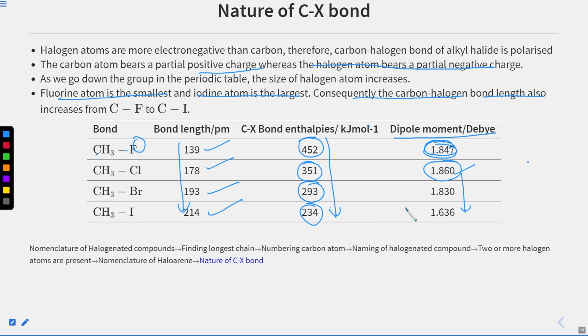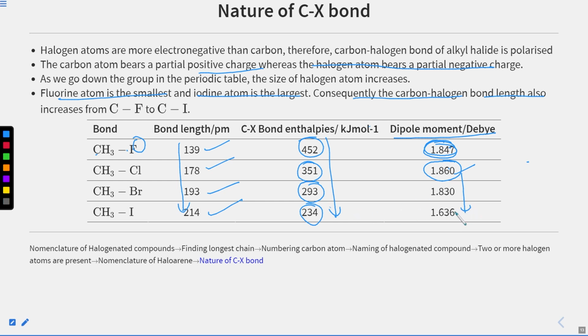Since chlorine is at a higher period, it will have electrons at a higher energy, and it will be difficult for it to donate to carbon. Due to this reason, we see less contribution of this donation and more contribution of electronegativity.